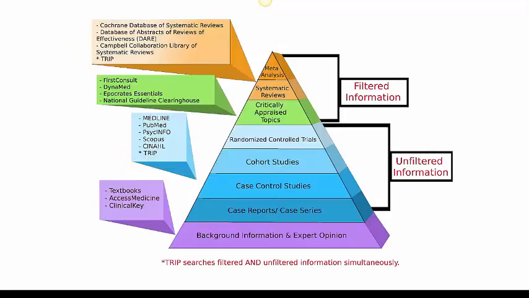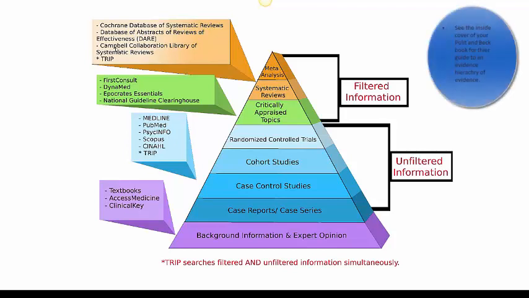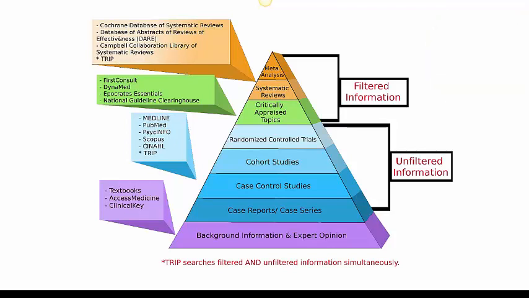As you can see from this hierarchy of evidence pyramid, meta-analyses are right at the top of the pyramid. Those can be Cochrane databases, databases of abstracted reviews. There's also a Campbell Collaboration library of systematic reviews, and the TRIP database. These are all websites where you can go in and find different types of systematic reviews.